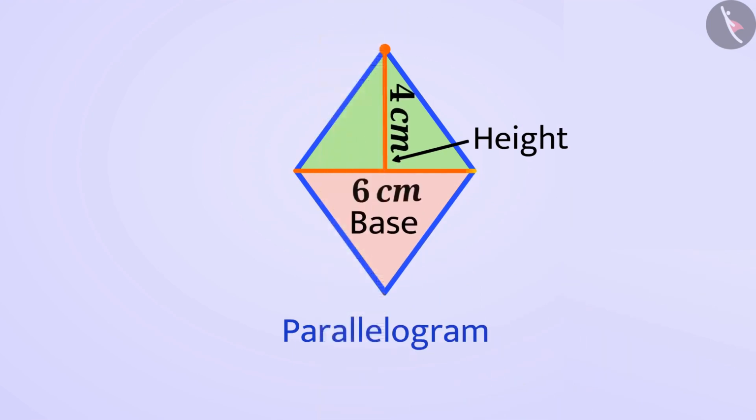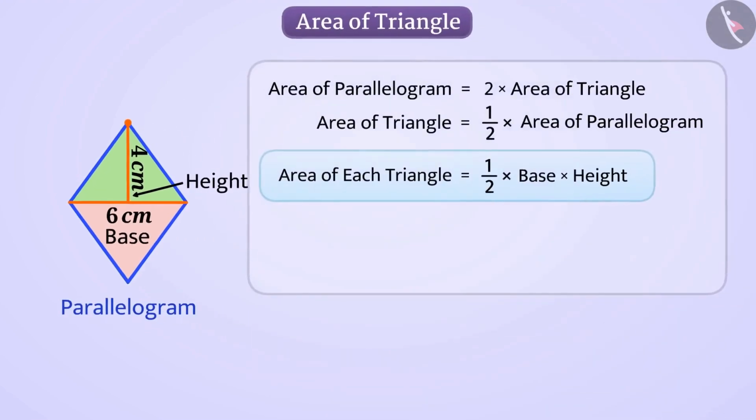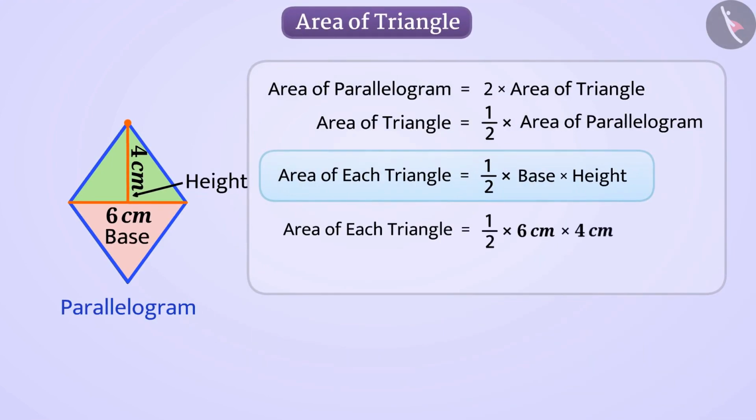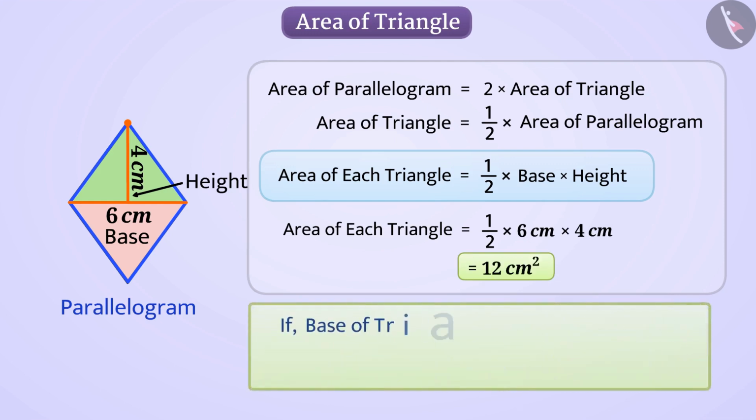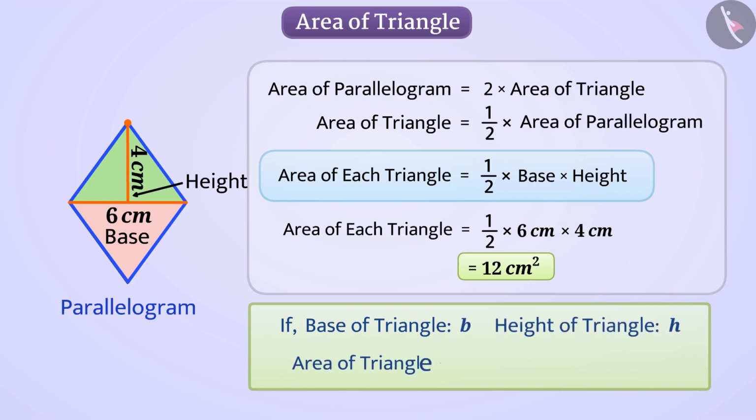Since the length is 6 cm and the height is 4 cm, so the area of each triangle is equal to half multiplied by 6 cm multiplied by 4 cm is equal to 12 square centimeter. If we consider the base of the triangle as B and the height as H, then we can say that the area of the triangle is equal to half multiplied by base multiplied by height, or half BH.